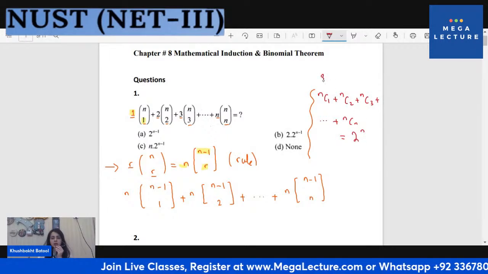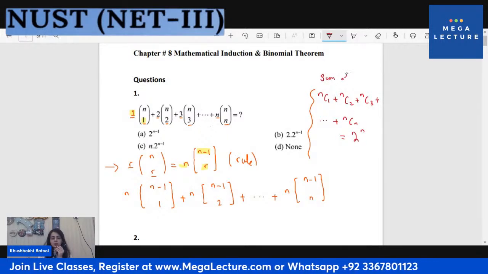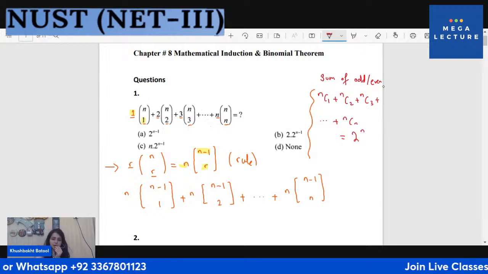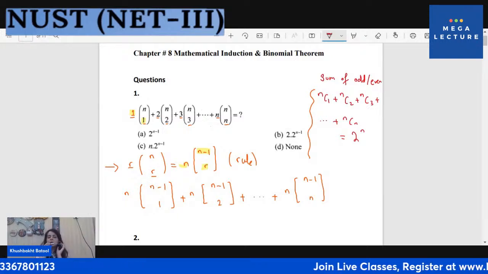Always remember the sum of odd and even coefficients is basically equal to 2 power n.